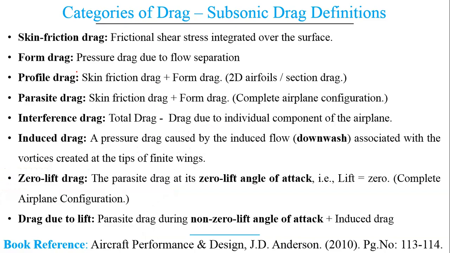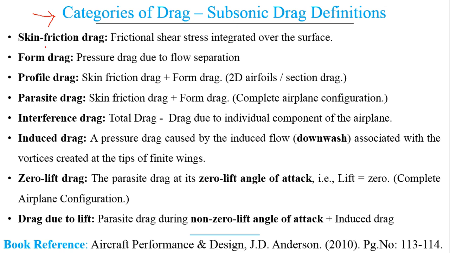When we deal with drags, there are basic terminologies which need to be known. We will be coming across these in this session and in the further portion of flight mechanics. So we need to know what those are. Here we get into the categories of drag, particularly talking about subsonic drag definitions.